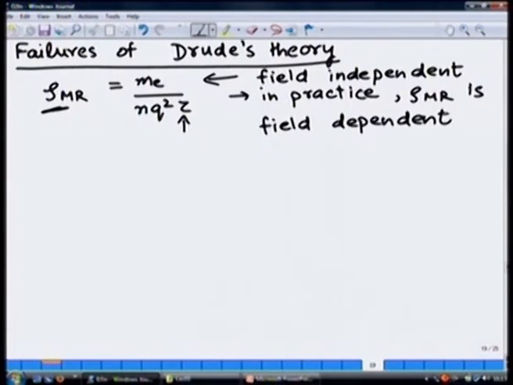If you take a measurement, it turns out to be field dependent, whereas according to Drude theory, when you calculate this, it becomes independent of field.